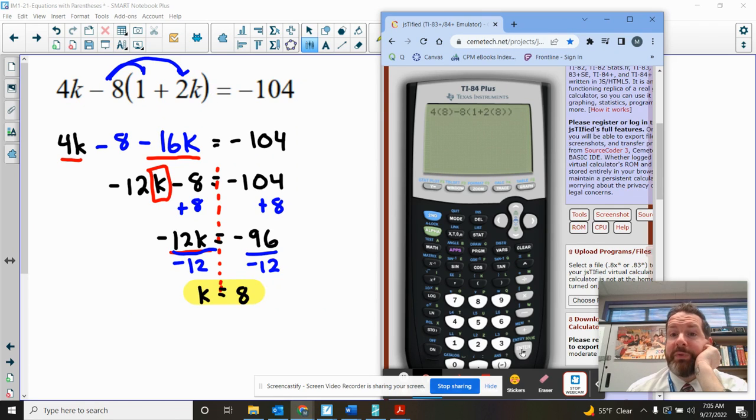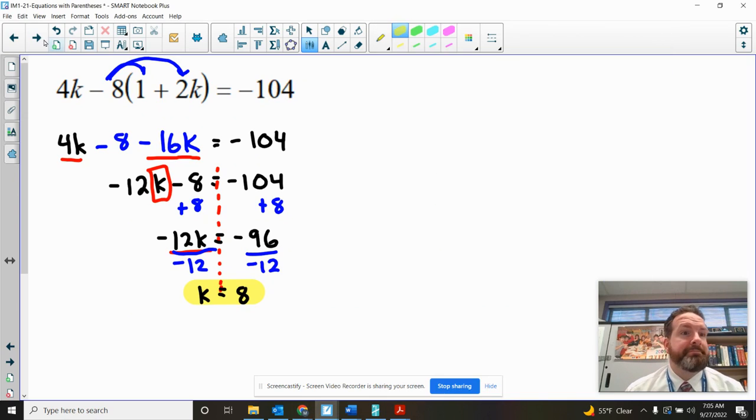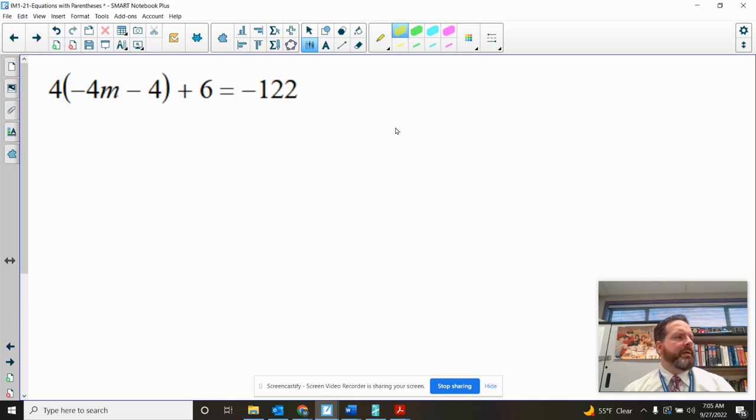Hopefully we end up with a -104. Looks good. We know that we have done things right. If you don't end up with -104, that means there's a problem somewhere. So you head back, you try and find that mistake if you can. For this one, I think that you are good to go.